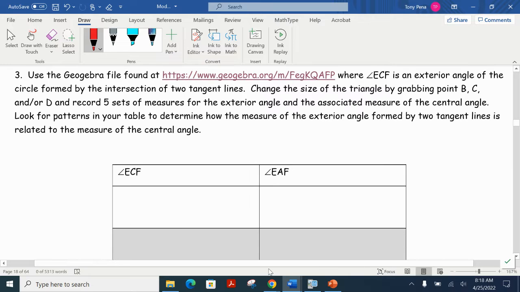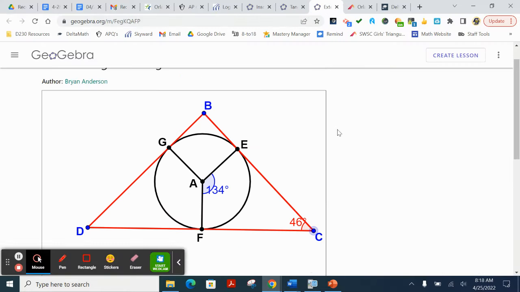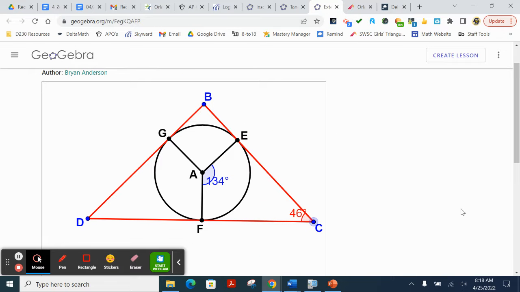All right, and then last but not least, you can fill this in if you want. I think this will be pretty obvious. This is a pretty simple one. So I do want you to draw this in, though. So draw in what this looks like. So largely the same thing.